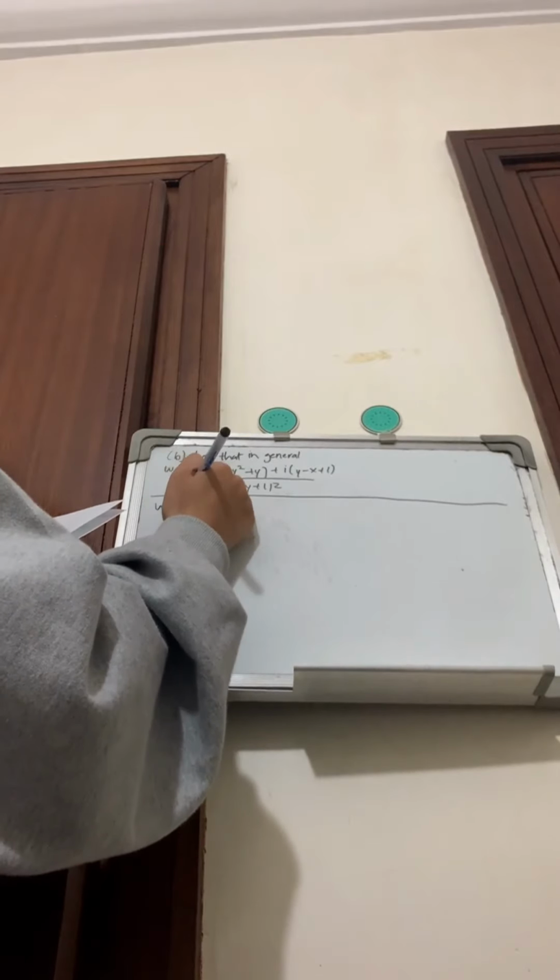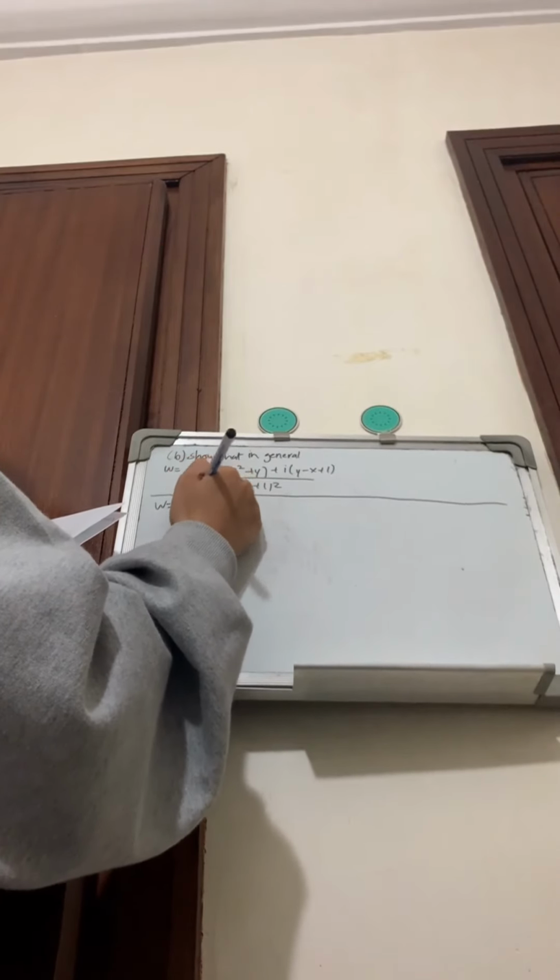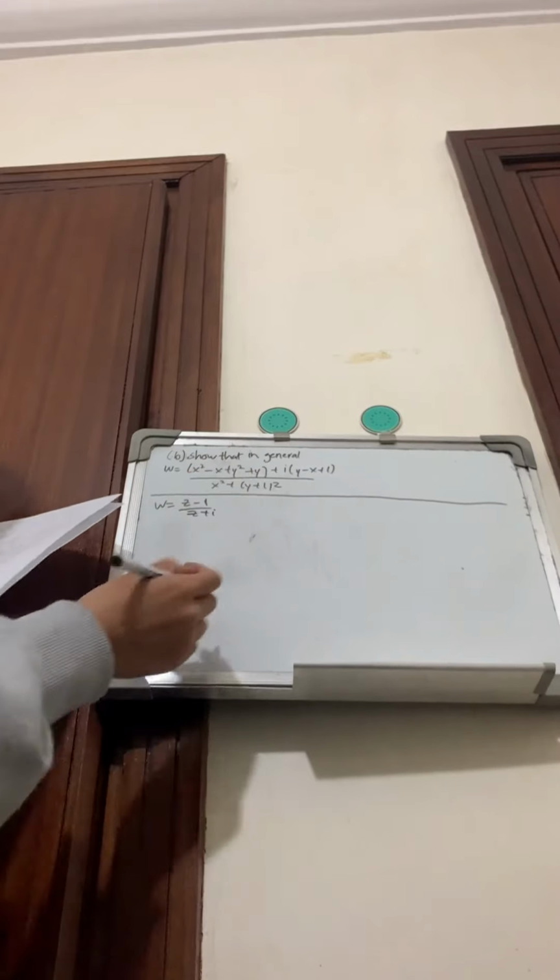Recalling back, W is equal to z minus 1 over z plus i. This is given.